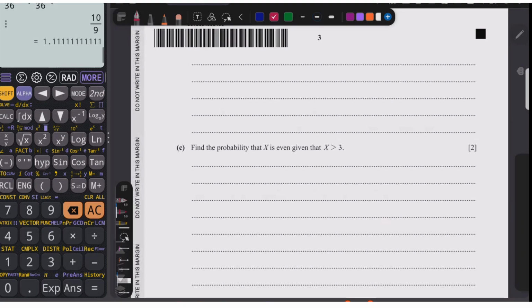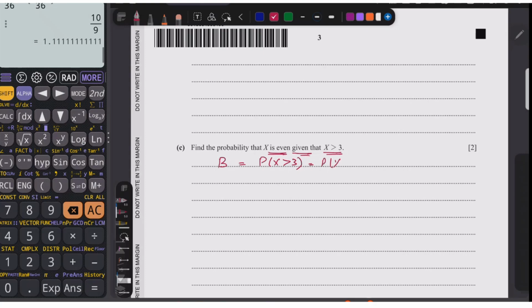Find the probability that x is even, given that x is greater than 3. Let's suppose our set B is the given condition, where we need to take the probability that x is greater than 3.